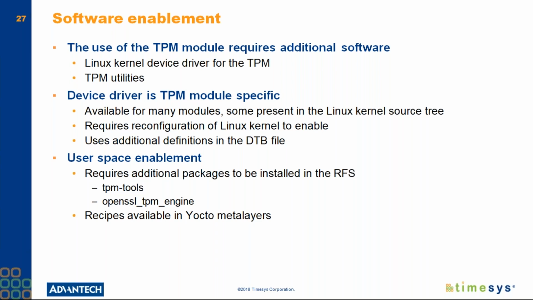And then lastly, you need to include certain tools like TPM tools, or if you're trying to use OpenSSL, OpenSSL has a TPM engine module available. So you have to enable that as part of your Yocto build to make use of these TPM features.